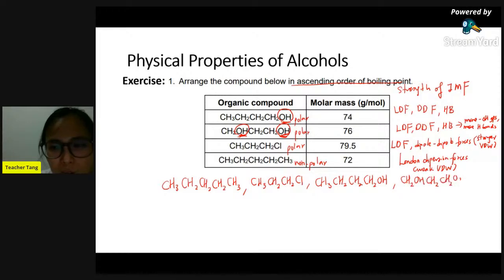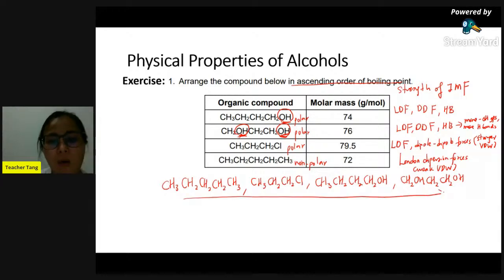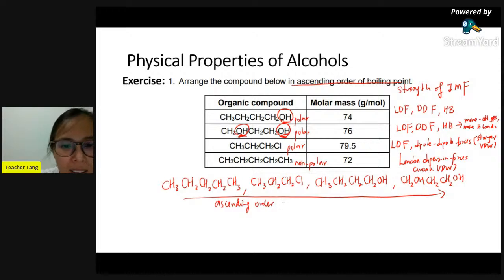Two hydroxyl groups can form more hydrogen bonds between the alcohol molecules, therefore a higher boiling point. So don't forget to draw the arrow and then write ascending order of boiling point.